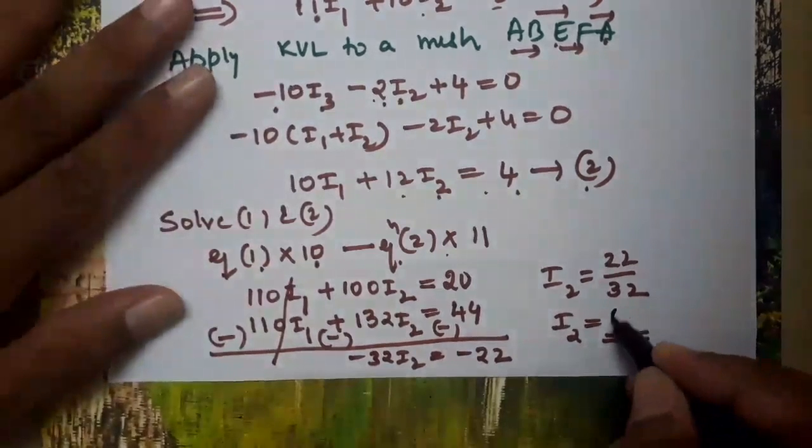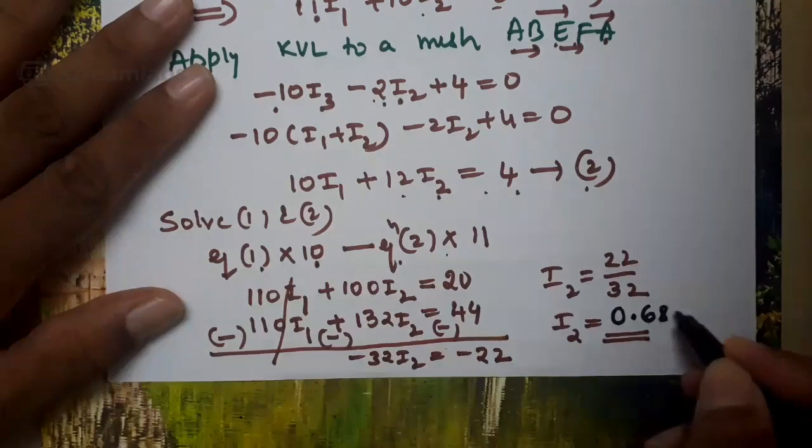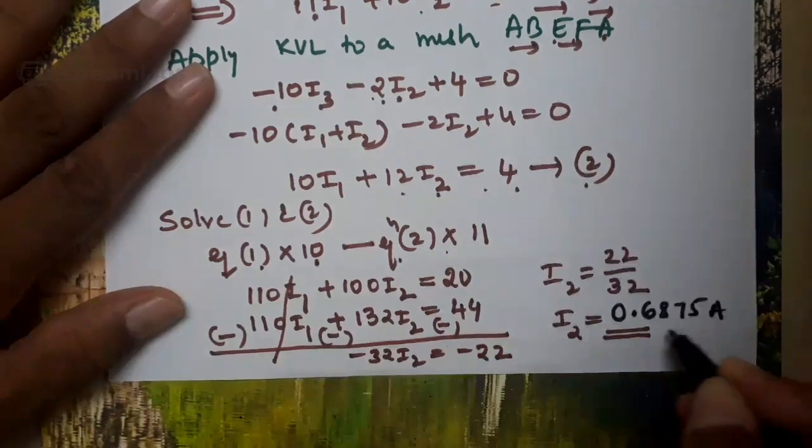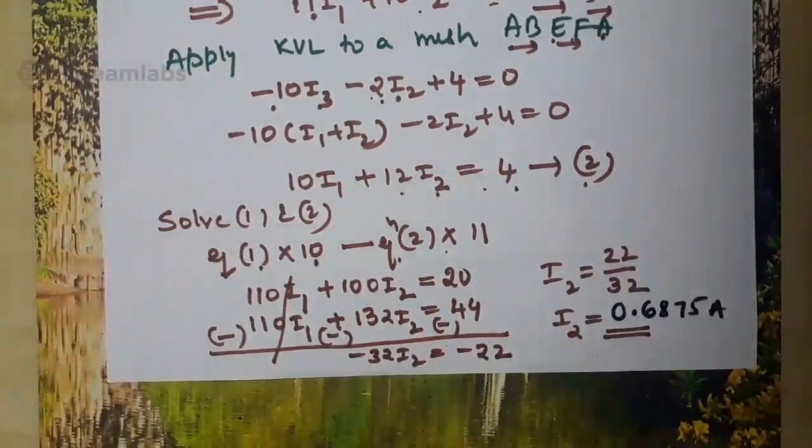Finished. So this answer is 0.6875. You can cross check. This answer is 0.6875, that is I2.